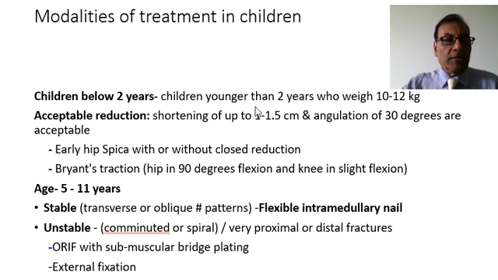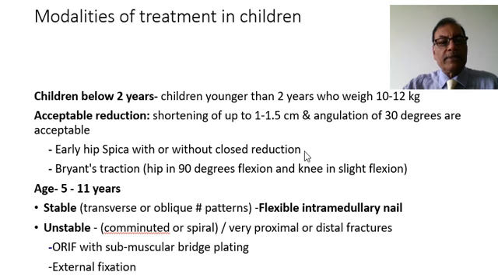Children below 2 years and less than 12 kg of weight, you can see in those younger children, the remodeling has a very high capacity. So shortening up to 1 to 1.5 centimeter and angulation of 30 degrees are quite acceptable.